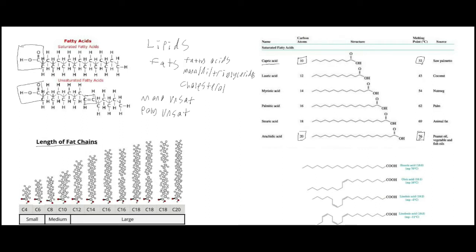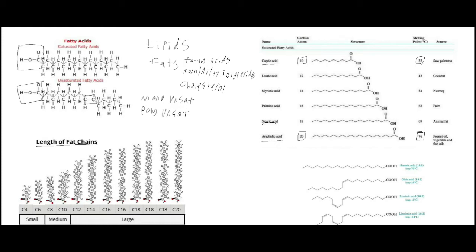I don't know exactly what it would be in Fahrenheit, but this would be quite a high temperature for it to melt. So things like stearic acid and arachidic acid are going to be solids at room temperature.